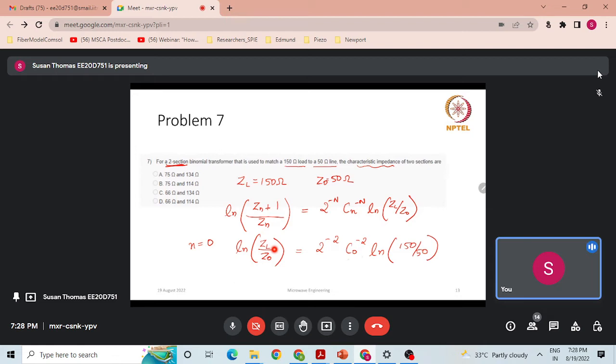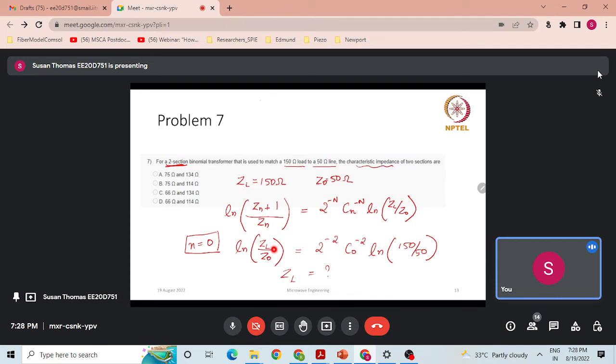So the C0 coefficient can be found. Substituting that here, you can get an answer for Z1. That is for one particular section of the binomial transformer.